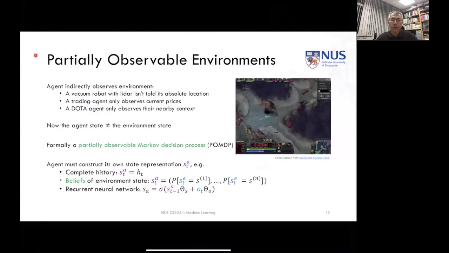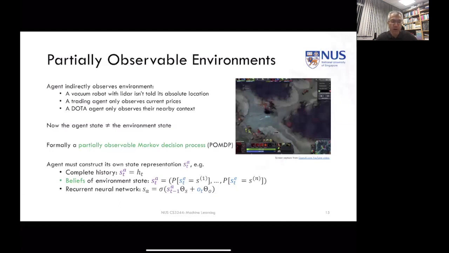So probably the more common case is partial observability, where we only observe the environment indirectly and not the entire environment. This is the case for many agents embodied in the real world, where the real world is quite complicated, and we only get a small portal, or view, of the information that's going on in the environment.